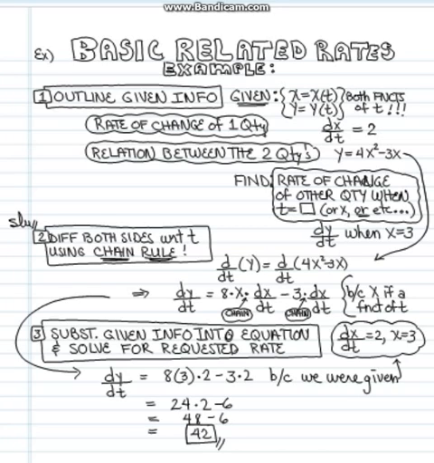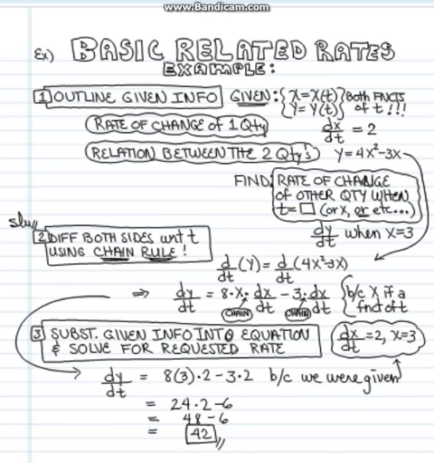It's been well organized. Let's do step 2, differentiate both sides with respect to t using the chain rule. We get dy/dt equals 8x dx/dt minus 3 dx/dt. Now step 3, substitute the given information into that equation and solve for the requested rate. What information? The given information, dx/dt equals 2 and x equals 3.